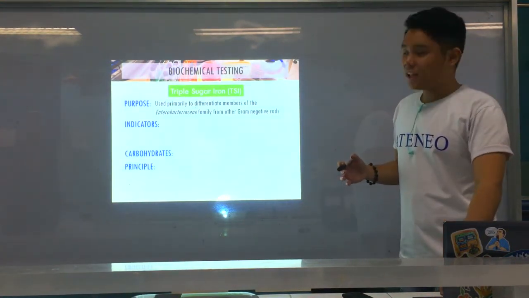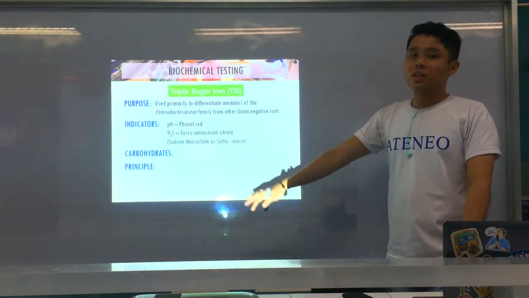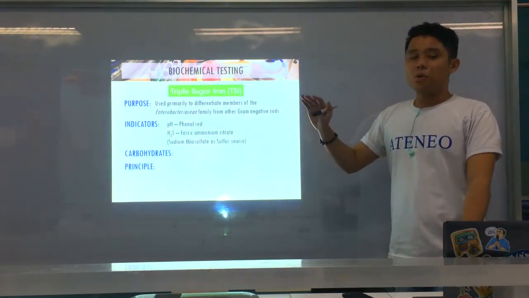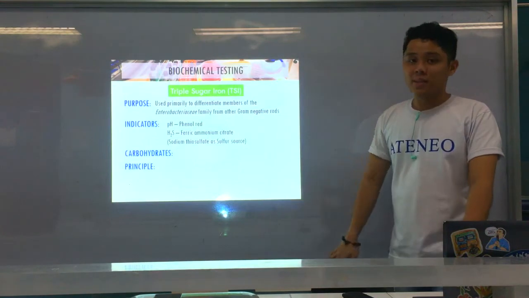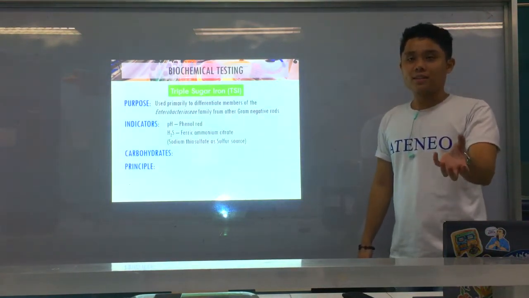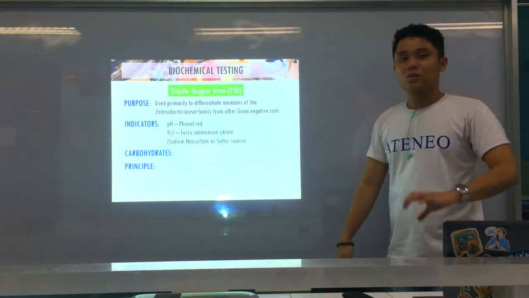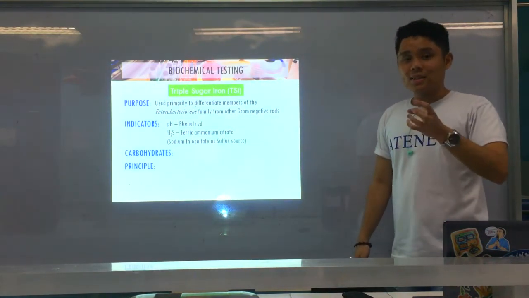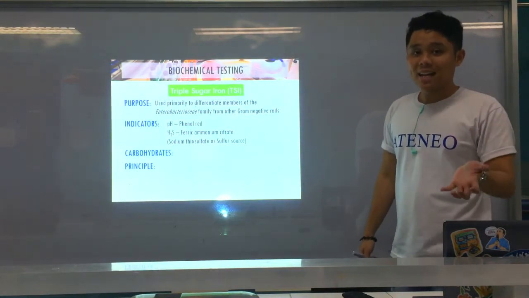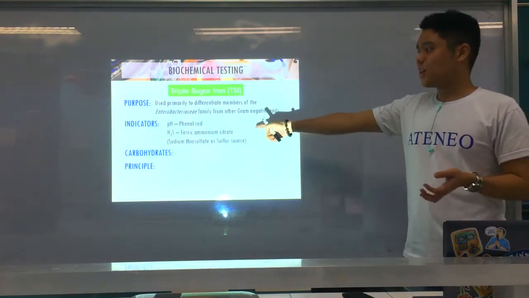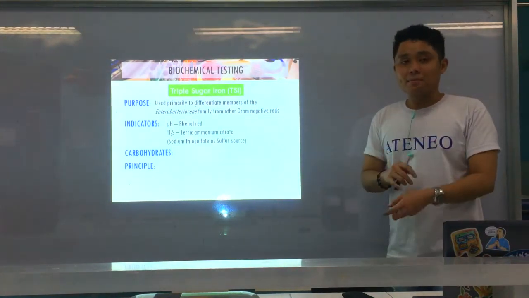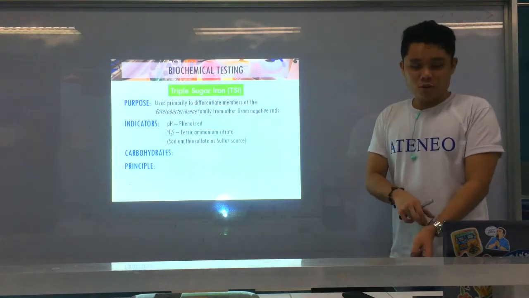Our indicators: number one, for pH, is phenol red. For the H2S production, it is ferric ammonium citrate, which is the source of H2S, but sodium thiosulfate is the source of sulfur. Since H2S as a gas cannot be seen, we add ferric ammonium citrate so that a black precipitate will be produced, okay?